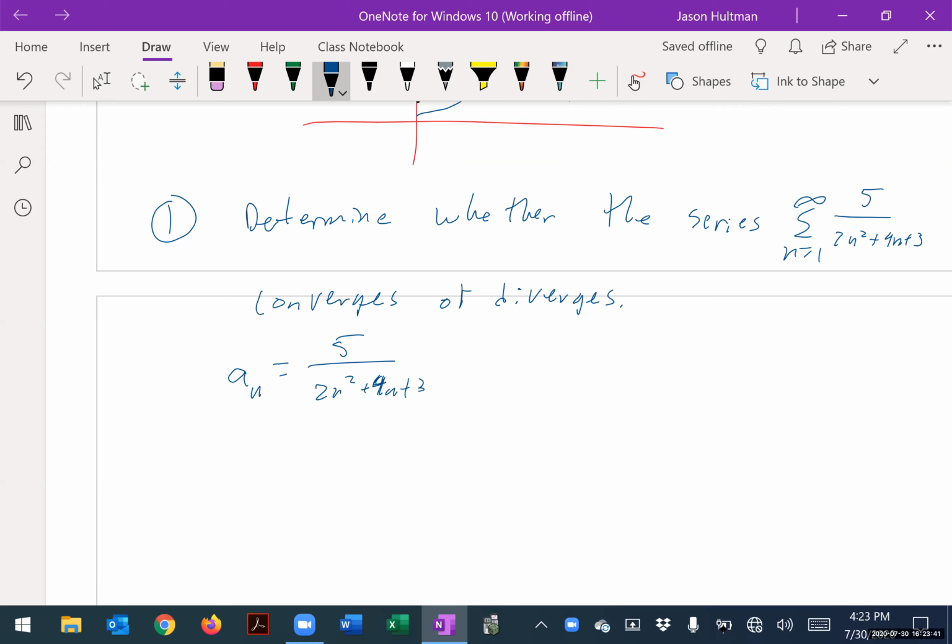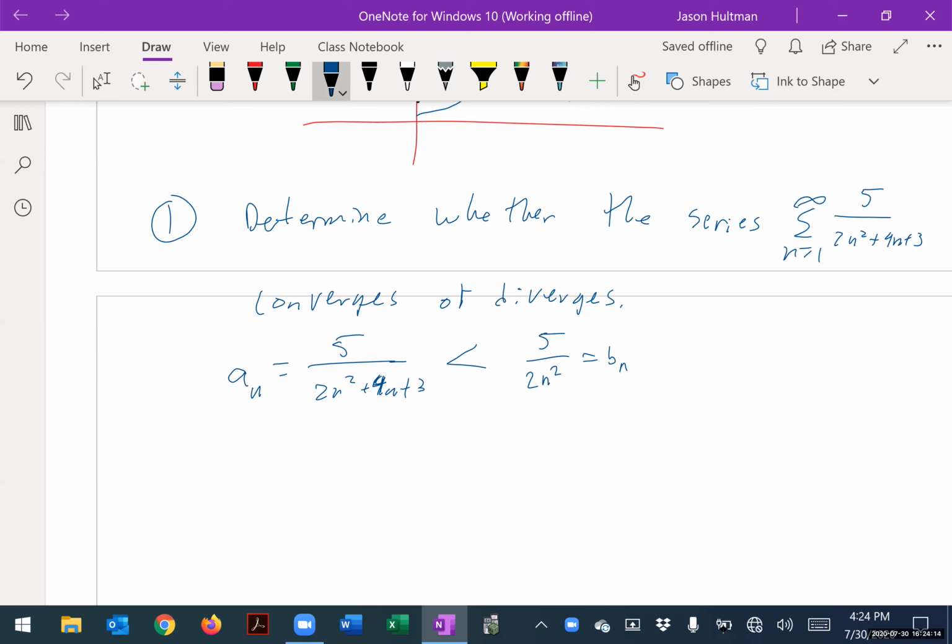And would you agree that this is less than 5 over 2n squared? I'm going to do a strict less than on this one.